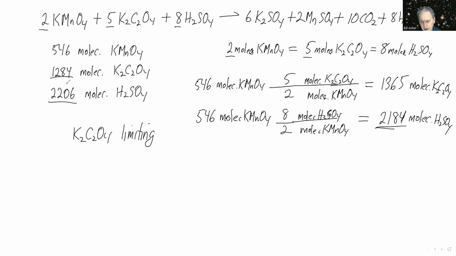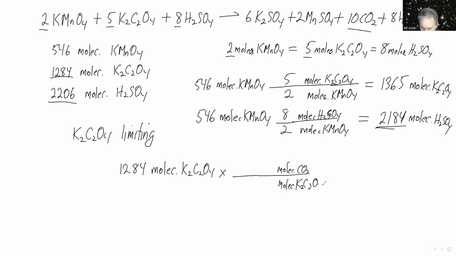To figure out how many molecules of CO2 I produce, I base it on the number of molecules of K2C2O4 I start with. So I have 1,284 molecules of K2C2O4, and I multiply that by the conversion factor for molecules of CO2 per molecule of K2C2O4.